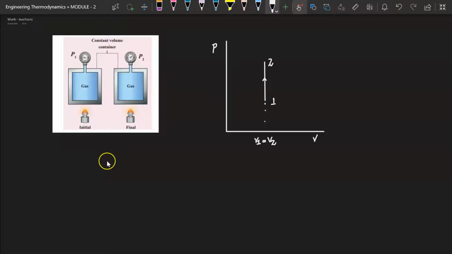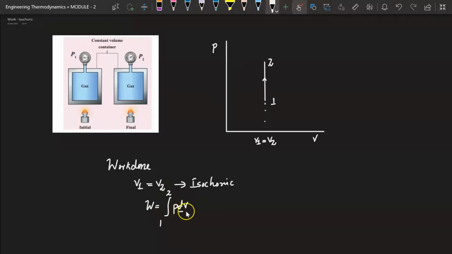Now I'm going to find the work done during a constant volume process. We know that V1 is equal to V2, that is why this is called an isochoric process. Applying the work equation, W is equal to integral 1 to 2 PdV.